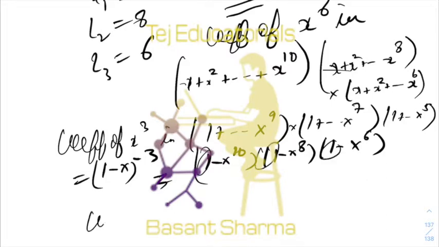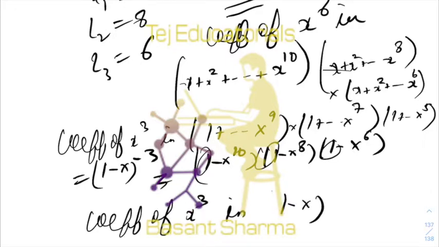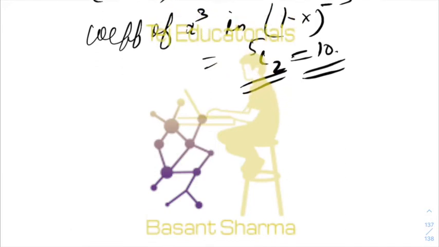So basically you're looking at the coefficient of x³ in (1 − x)^(−3), which is 5C2, which is 10. This is one way of looking at this, an application of the multinomial theorem, which we already discussed.